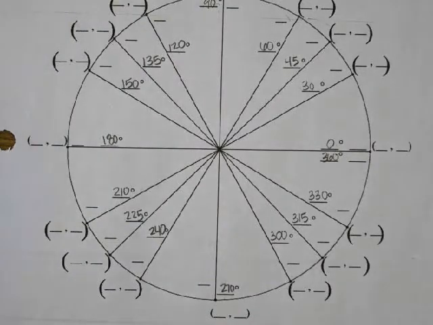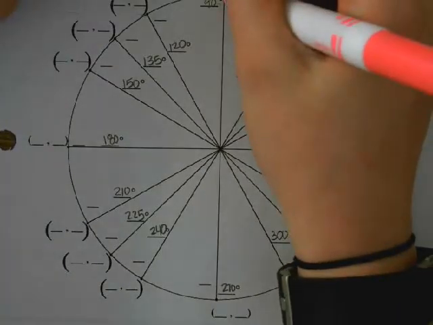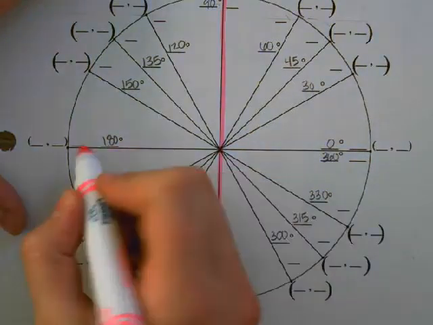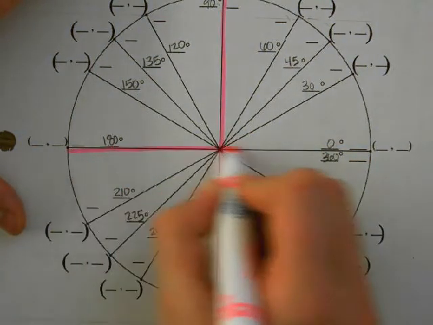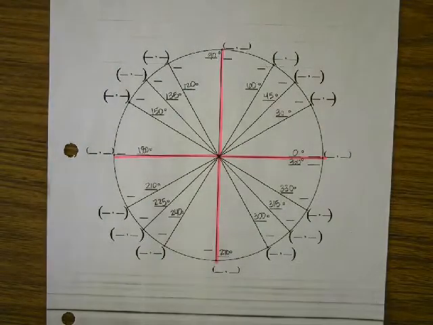So with our first color, we're going to do the axes, the x-axis, the y-axis, like we normally have. So we already know what these are in radians.